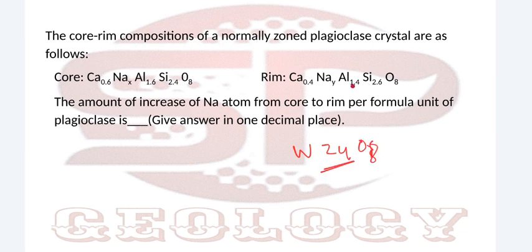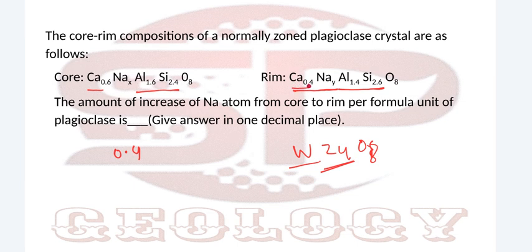So Z place should be 4. Here you can see these two occupy the Z place. They are 4 here, and here is also 4. These two occupy the W place, but they should add up to 1. So if calcium is 0.6, then sodium here will be 0.4.